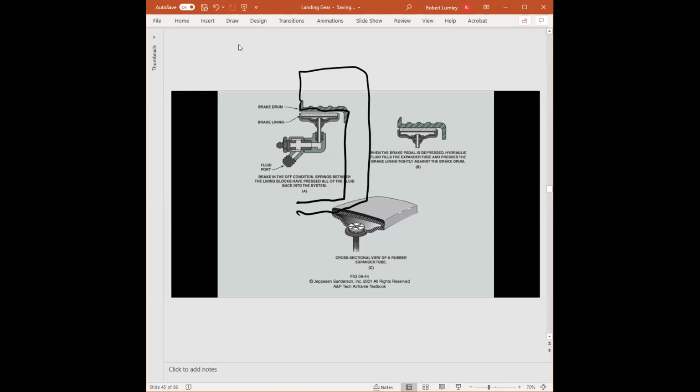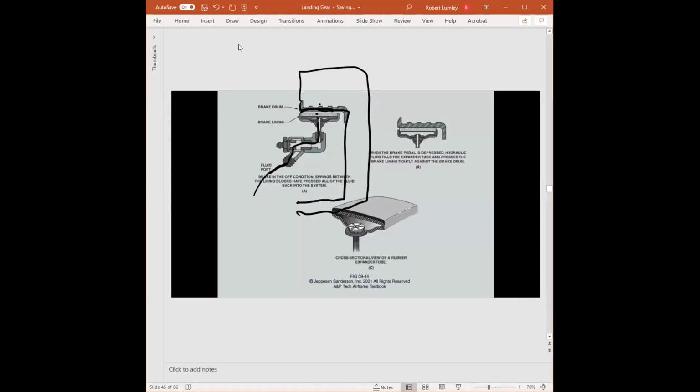Here is the expander tube. Think of an inner tube, just like we saw yesterday, or a bicycle inner tube. On this inner tube is a brake pad or the brake lining. When you push on the brake pedal, hydraulic fluid would come in and expand the tube to push the lining up against the wear surface of the brake drum.